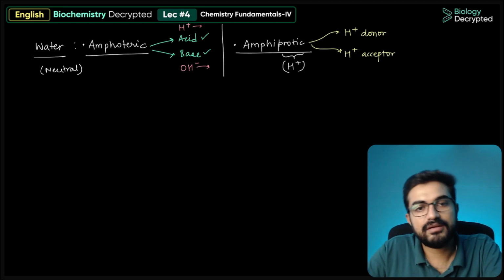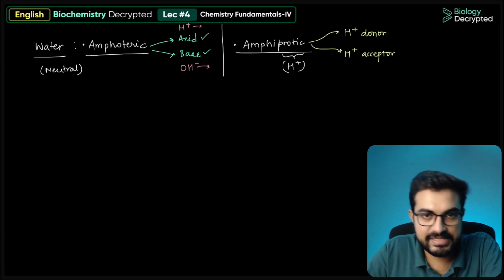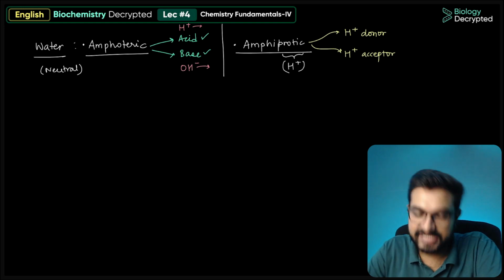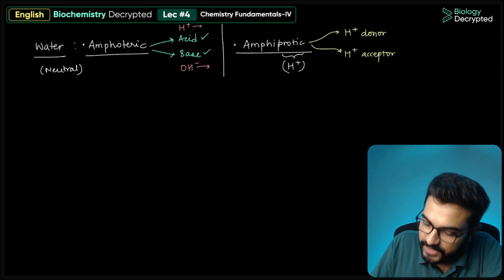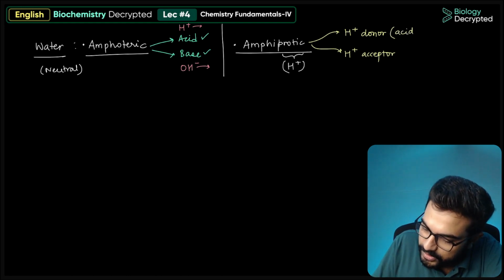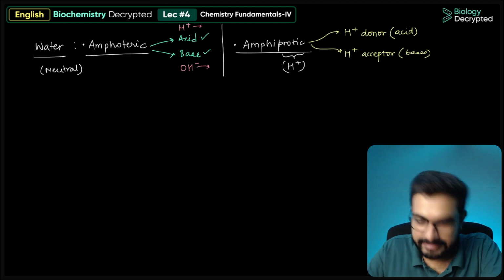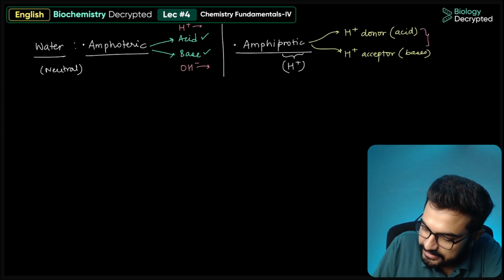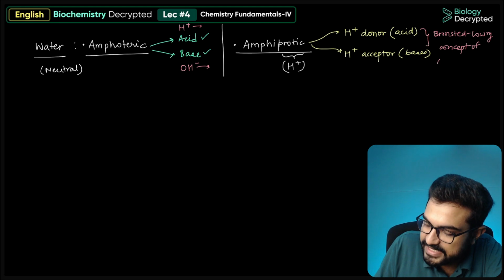When we talk about a proton donor, we talk about acids. And whenever we talk about a proton acceptor, we talk about bases. Well, this is the Bronsted-Lowry concept of acids and bases.